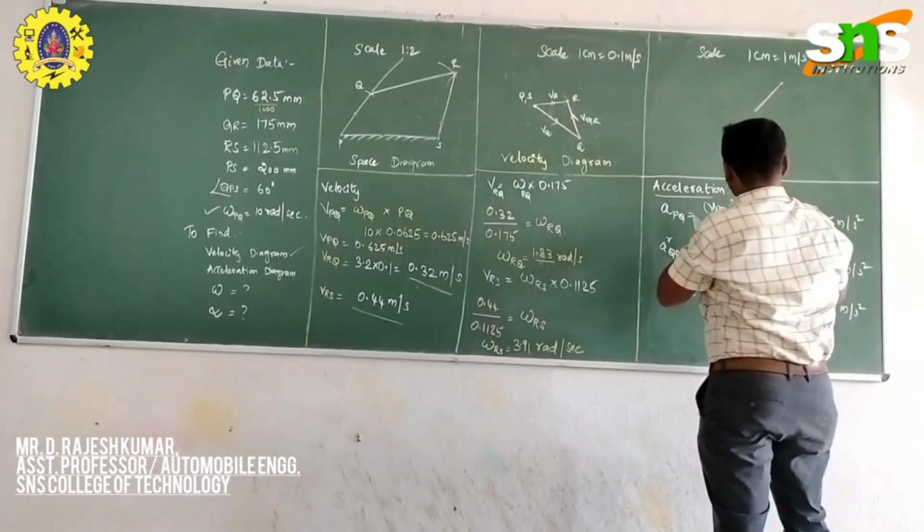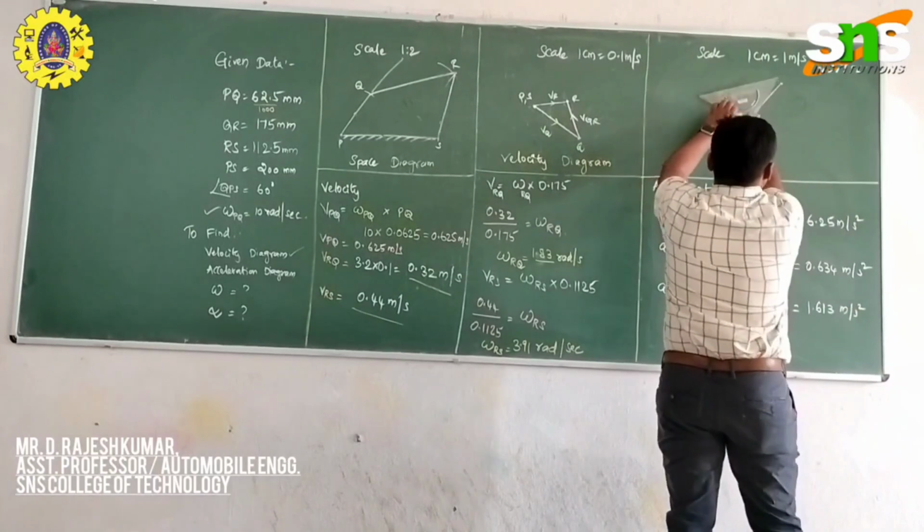So I am drawing a line of 6.25 centimeter, a 90-degree line perpendicular to the length PQ.